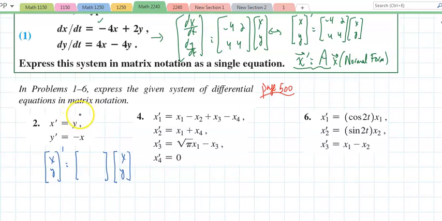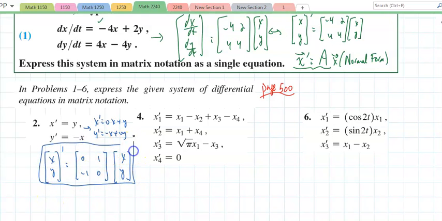Isn't this saying x prime equals 0 x plus y and y prime equals negative x plus 0 y? So wouldn't that be 0, 1, negative 1, 0? And again, if you pay attention, that's all they want. But I'm going to add to this a bit. Do you notice they're going for this form, the normal form? And why the normal form? Because we're going to be solving that.